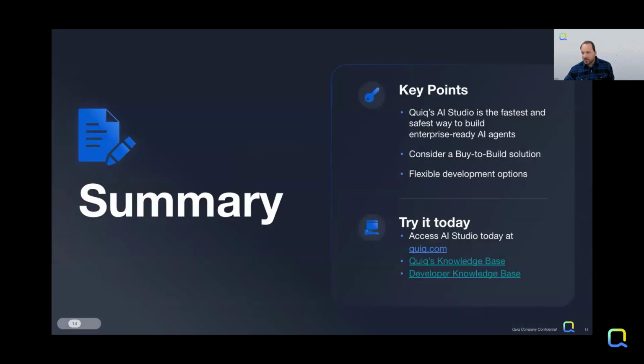Well, that's great. Thank you, Max. And that wraps up the webinar and the information that we are presenting. But we want to leave you with just a few final points. Quiq's AI Studio is really the fastest and safest way to build your enterprise-ready AI agents.